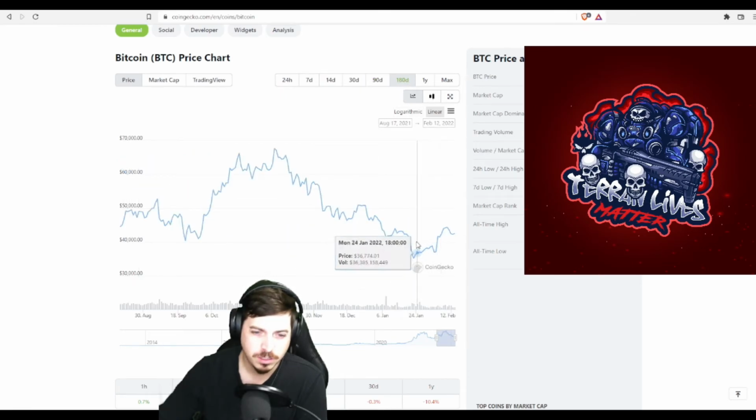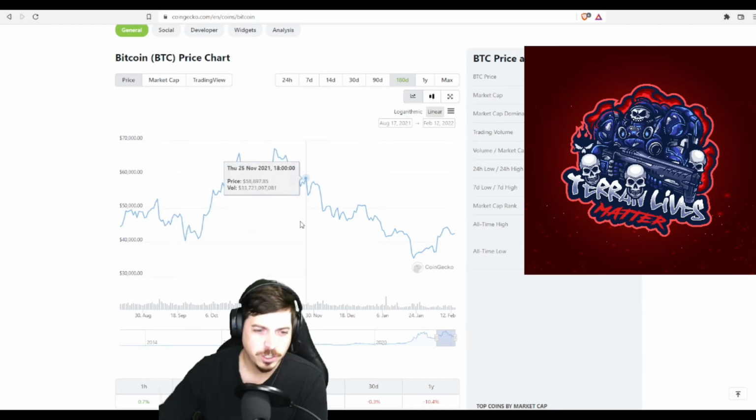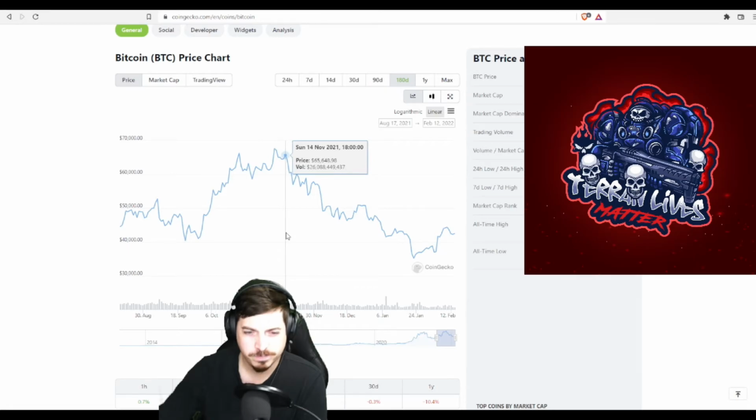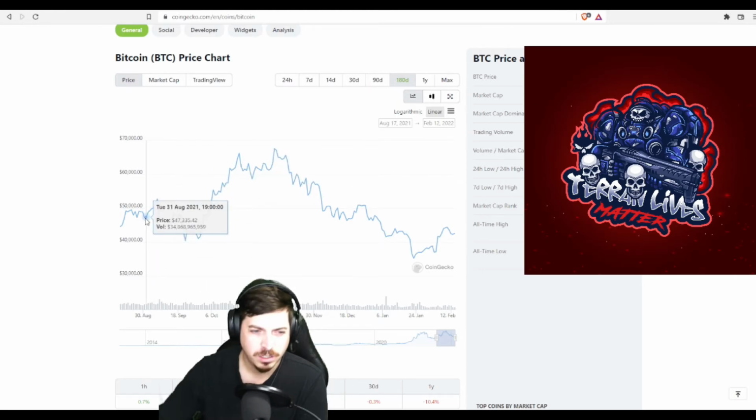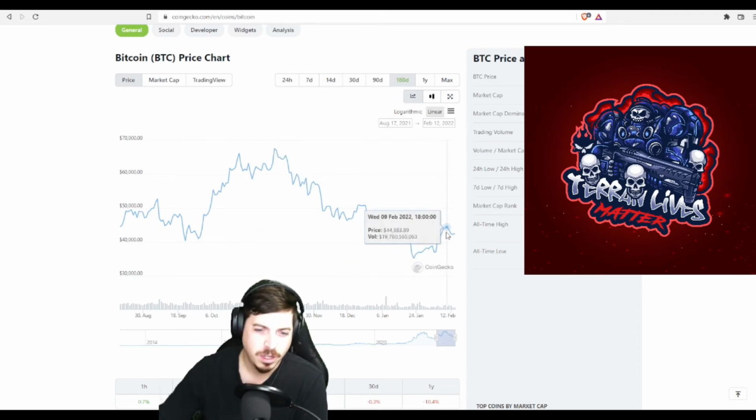Let's see. So if we go back, we're looking at these dips right here. And if I could draw a line, I would want to draw a line basically across here. So in the last like 90 to 180 days, I would draw a line through the middle of the graph here, and anything below half, you're still probably safe to start a bot in.